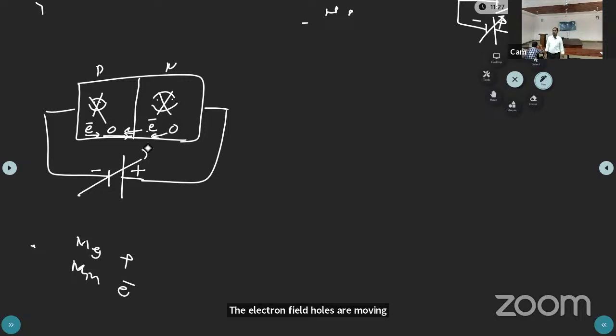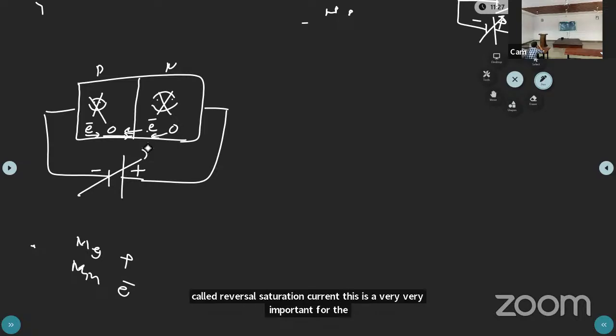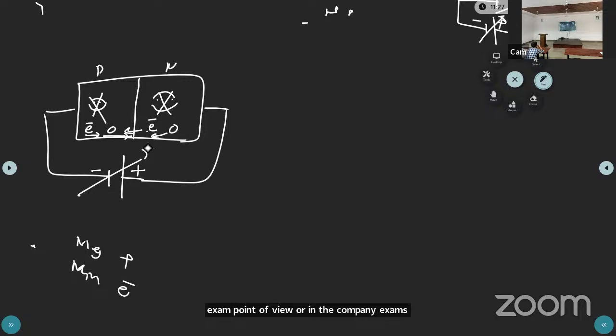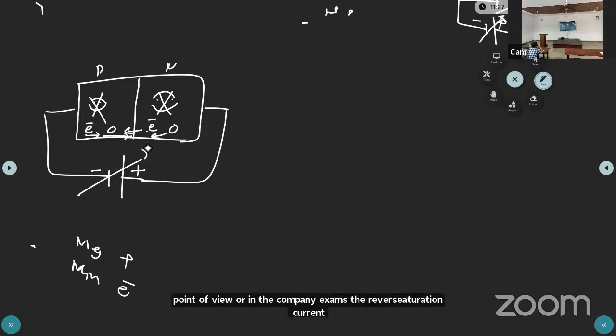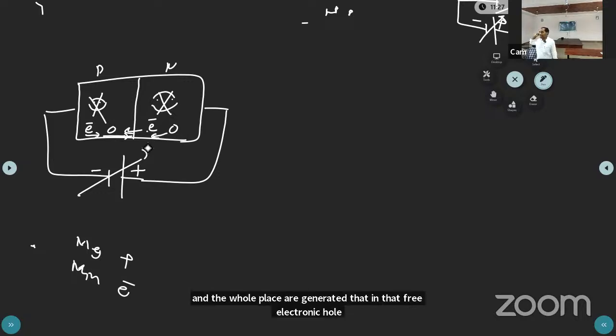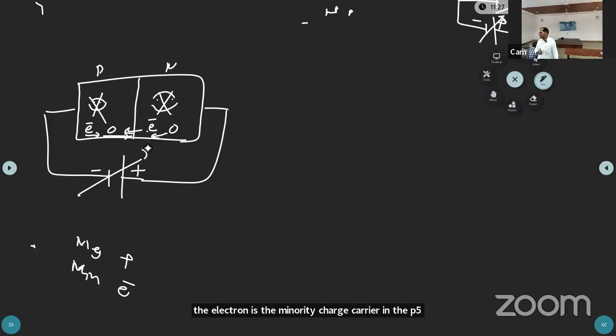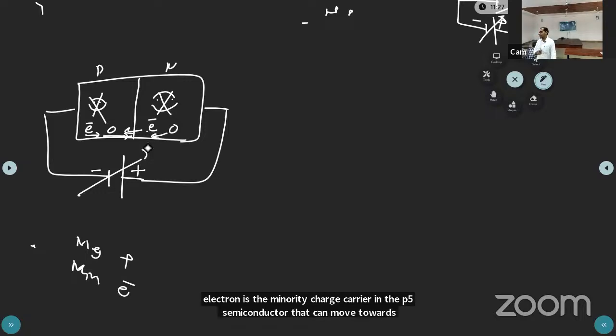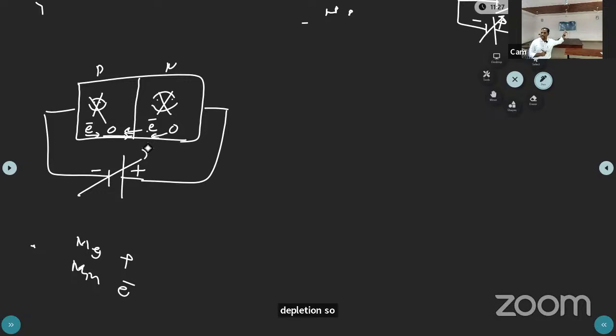That current is called reverse saturation current. This is very, very important from the exam point of view or in the competitive exams. The reverse saturation current: because of the breaking of covalent bonds, the free electron and hole pairs are generated. In that, the electron is a minority charge carrier in the p-type semiconductor that can move towards the n-type semiconductor, and the hole in the n-type semiconductor can move towards the p-type semiconductor.